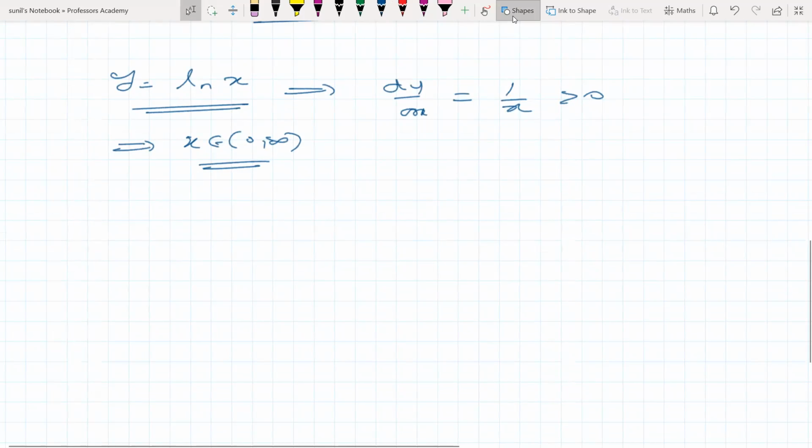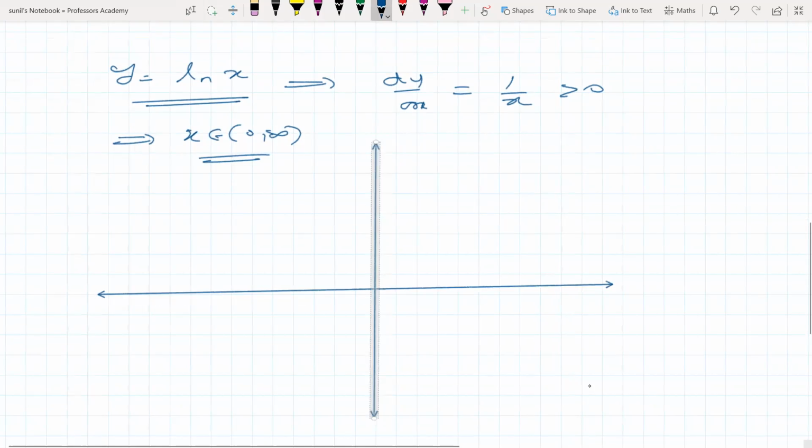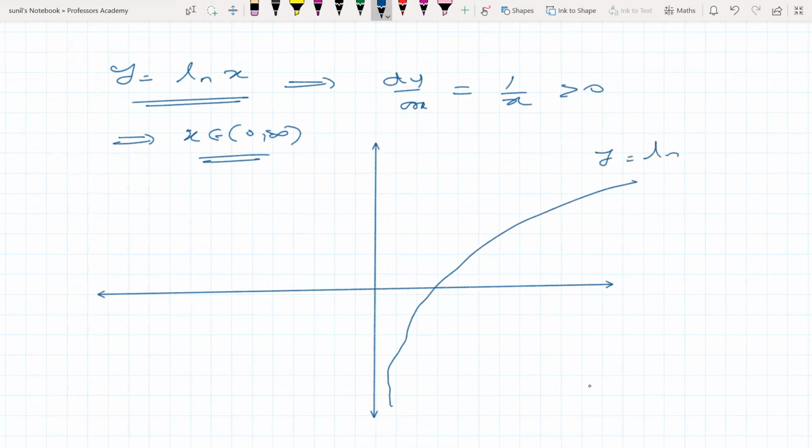So the graph of this function, let me first draw the x-axis and y-axis, is coming out something like this, increasing only. The graph is moving up. This is the graph of y equal to ln x.